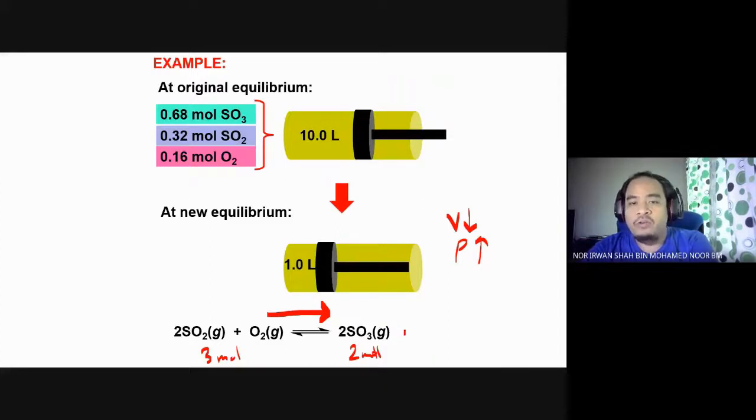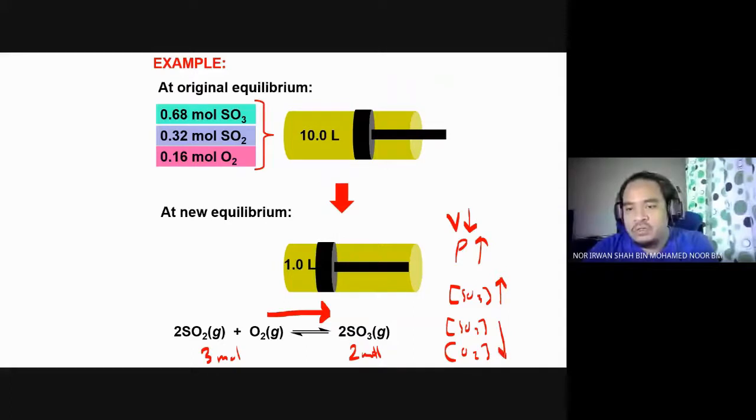And at the new equilibrium, we expect the concentration of SO3 to increase, and both SO2 and oxygen to decrease in concentration.